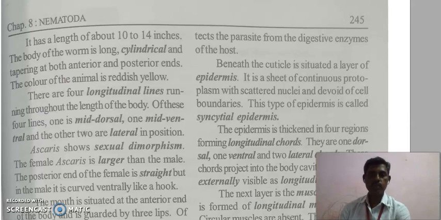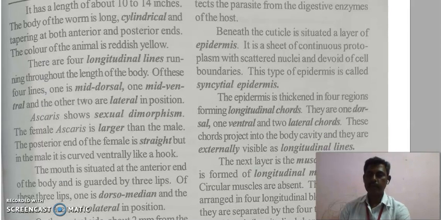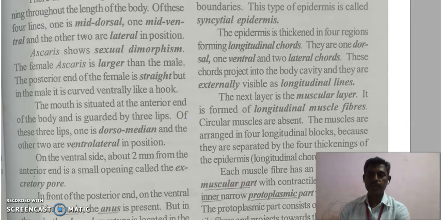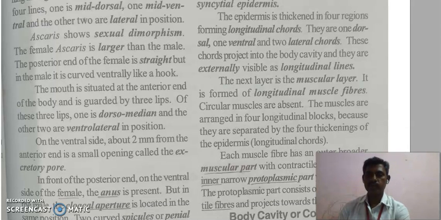The mouth is situated at the anterior end of the body and is guarded by 3 lips. On the ventral side, 2 mm from the anterior end, is a small opening called the excretory pore.